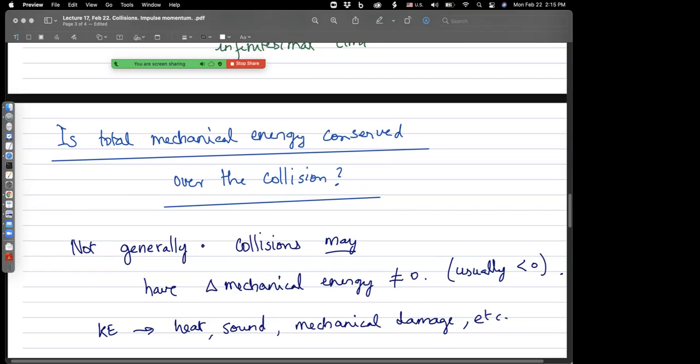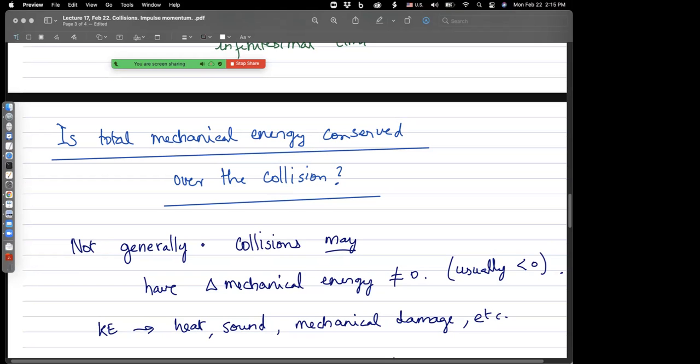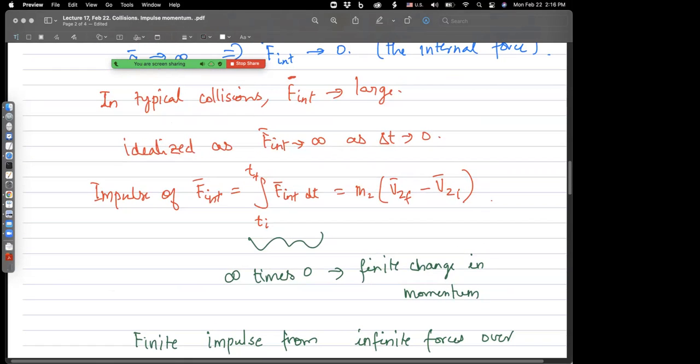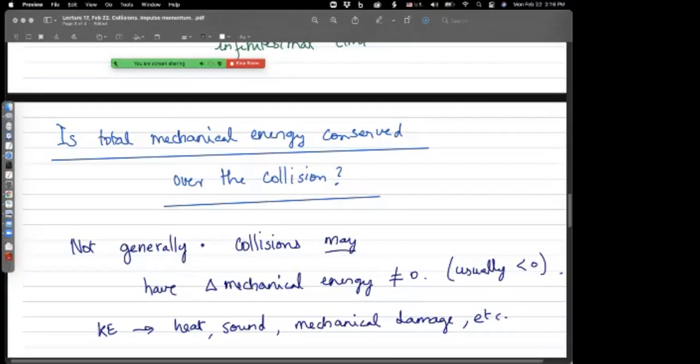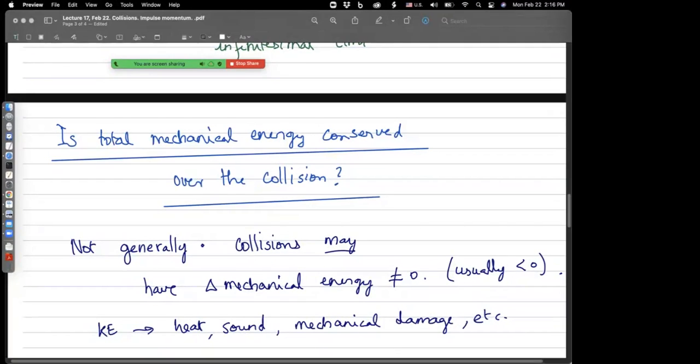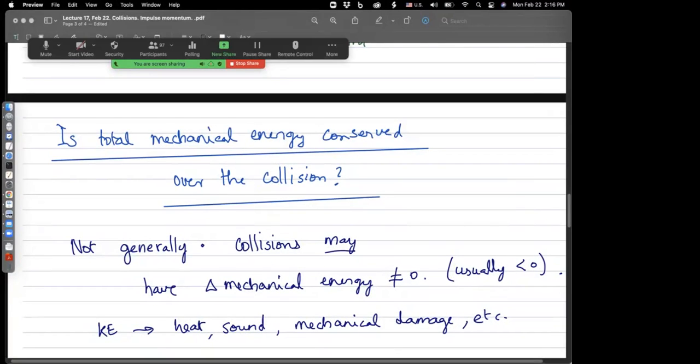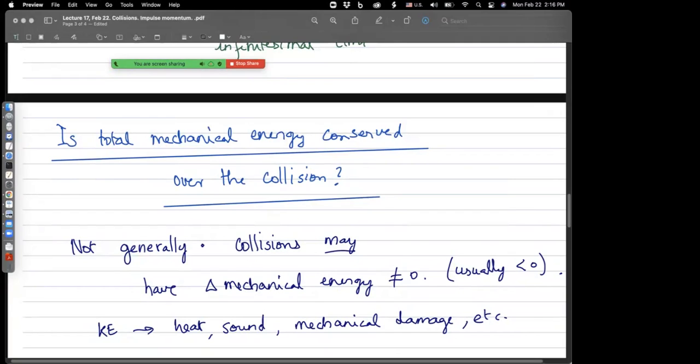And the rest remains as macroscopic kinetic energy that we see as velocity. Okay. Any questions about that? So usually when there's a collision, mechanical energy goes down, and the amount by which it goes down is converted into heat, sound, mechanical damage, maybe light in some cases.